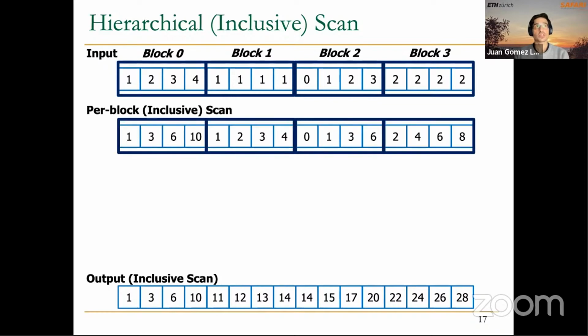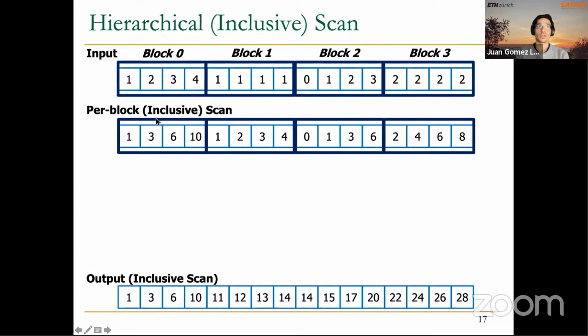And in the first step, we are going to apply a local scan. Or we are going to apply the scan on segments, and each of these segments is the chunk of the input array that we have assigned to each of the different blocks. This is assigned to block 0, this has been assigned to block 1, and so on. And each of the thread blocks is going to compute the partial scan on the chunk that has been assigned to it.